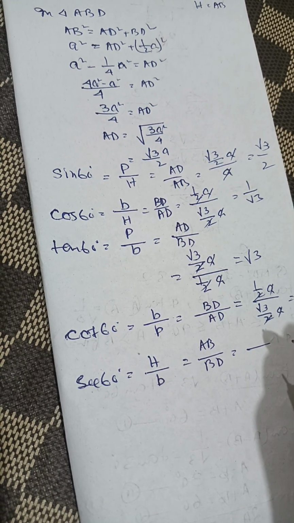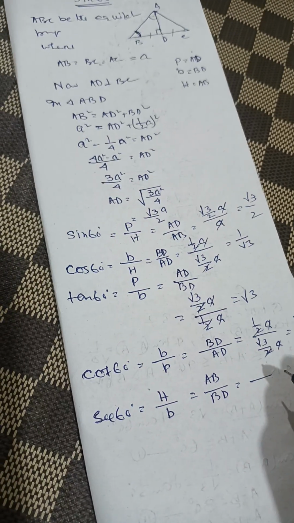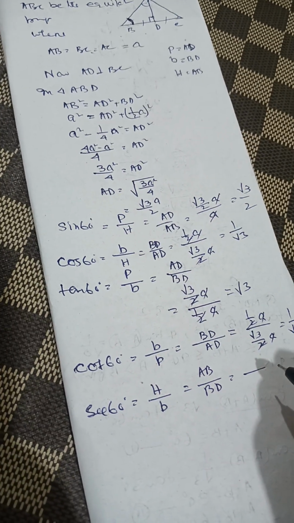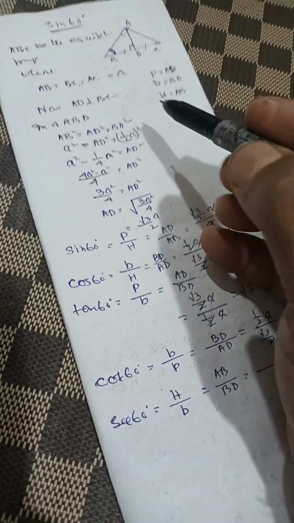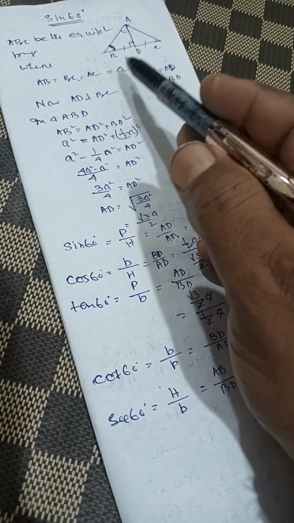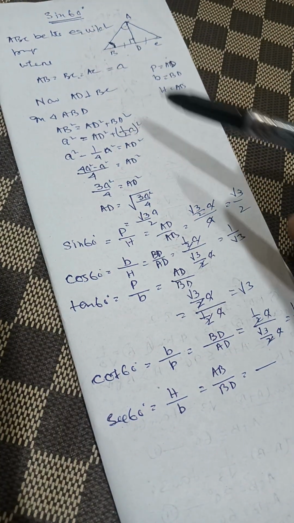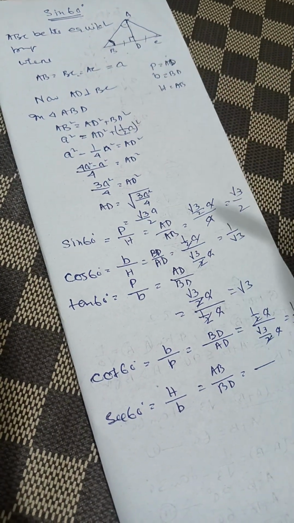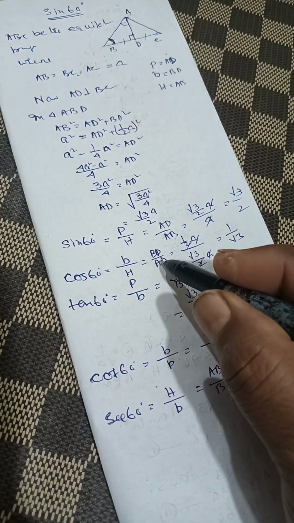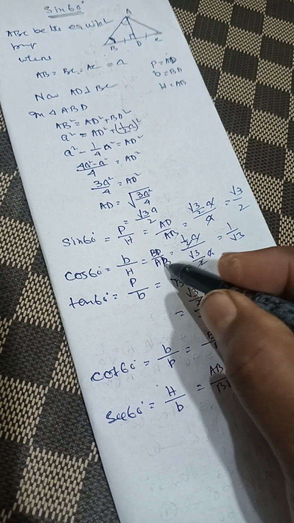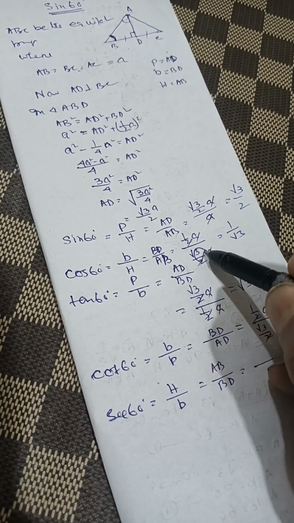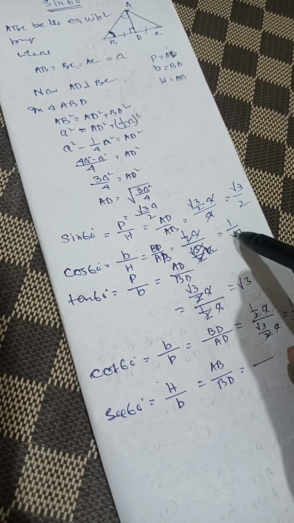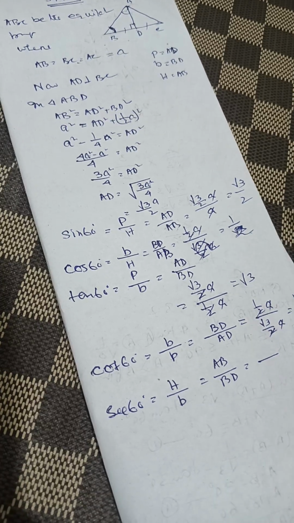Sorry, cos 60 is B by H. So B is BD and H is AB. Here I have done wrong, sir. It should be AB. AB is given as A. So this A cancels, and the answer will be half.